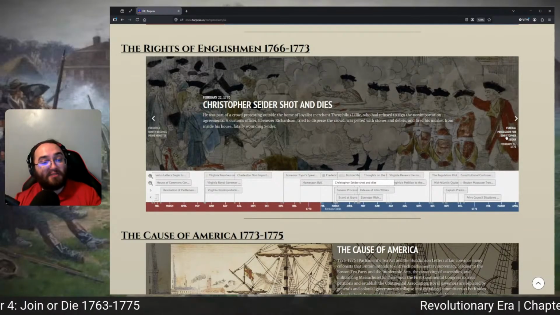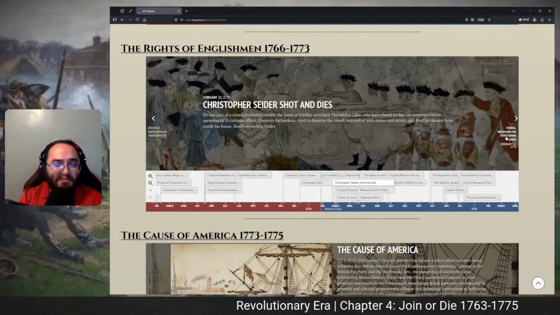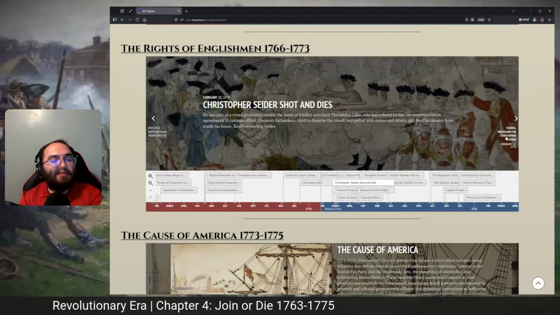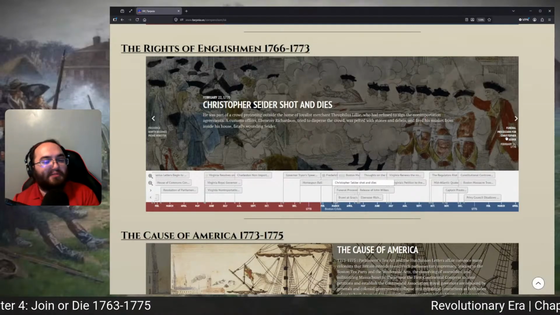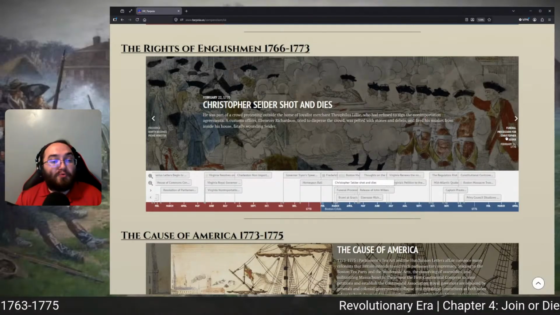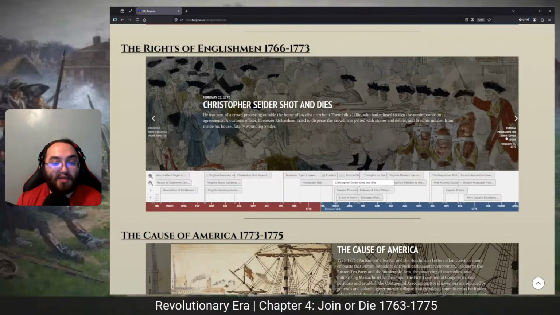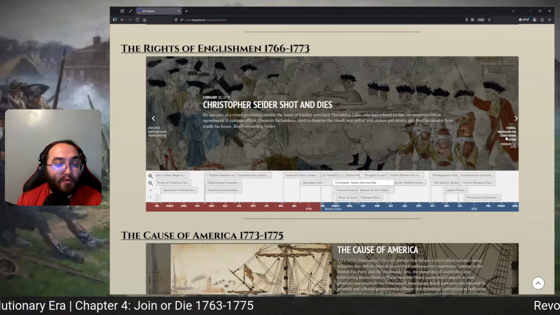And before the Boston Massacre, which people say the people who died at the Boston Massacre were the first people to die in this crisis, this rebellion against England, that's not true. The first person to die is a kid named Christopher Seider. He's shot and dies at a protest.